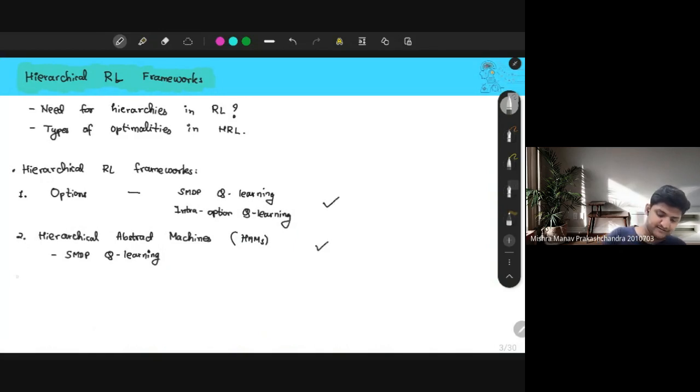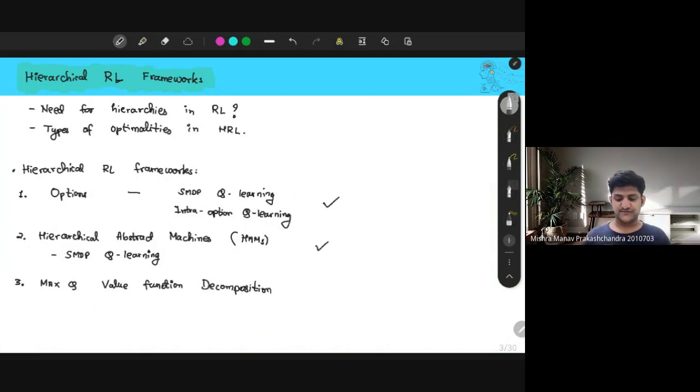One thing we didn't cover was the third framework, which is known as the MaxQ value decomposition, or rather the value function decomposition method. Okay, so in this class, we'll devote most of the time to looking at the MaxQ value decomposition. This we did not cover last week.